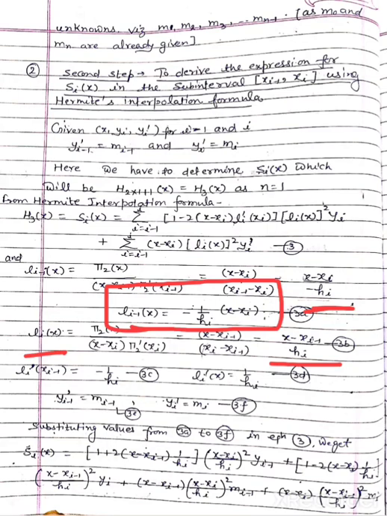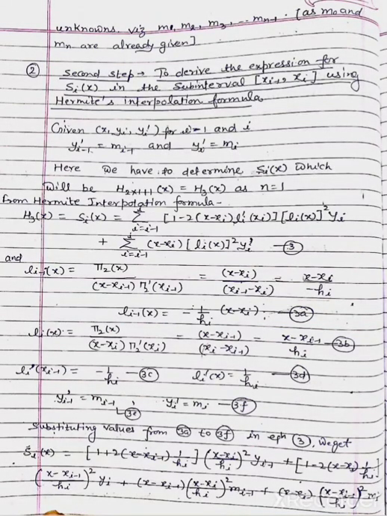Now its first order derivative, we differentiate once, then we get Li minus 1 dash x equals to minus 1 over hi, and Li dash x equals to 1 over hi. And we have taken yi minus 1 dash equals to mi minus 1 and yi dash equals to mi.